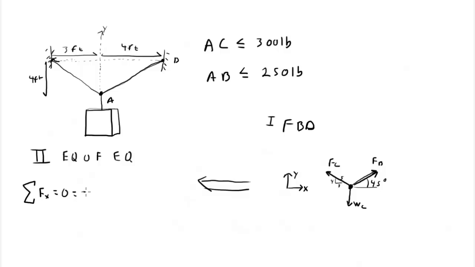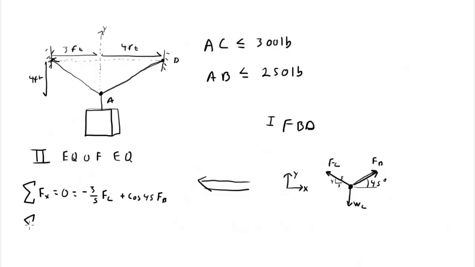That is equal to minus 3/5 FC, where I've taken this force's X component, which points in this direction and is 3/5 its magnitude, plus the cosine of 45 times the force FB. I've taken the X component, which points in the positive X direction.